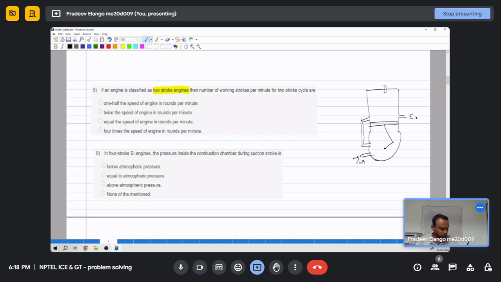Now when the piston moves down from TDC to BDC, it will compress the mixture in the transfer port or in the crankcase in this region, and then when it uncovers this port, the fuel and air mixture enters inside. So this is during the downward stroke, and this will also be the exhaust stroke for the previous cycle.